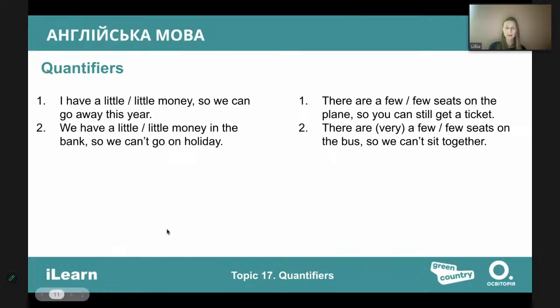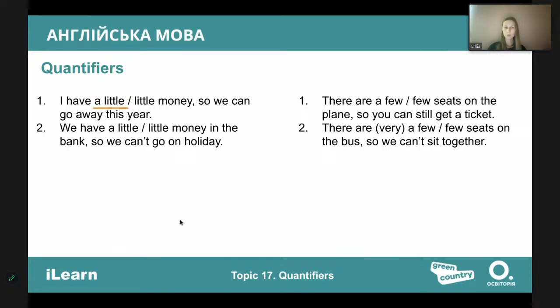Okay, so speaking of quantifiers, let's have a look here and you decide which is right. Number one, I have a little or just little money, so we can go away this year. So is it a little or just little? A little money, exactly.